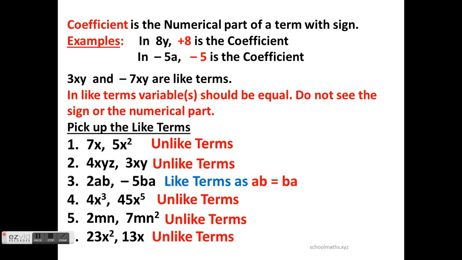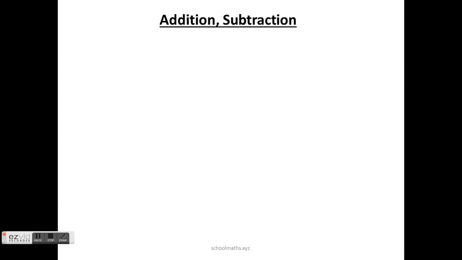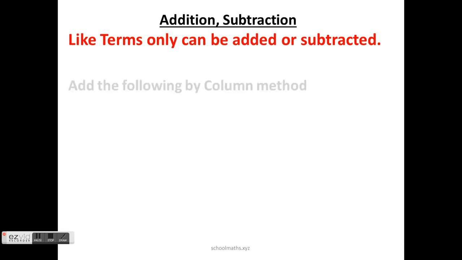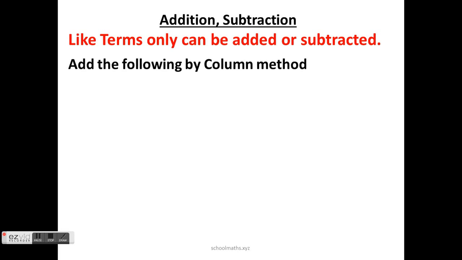Unlike terms. Clearly you can see in one x square is there. Now we are going to add the algebraic expressions or polynomials. Only like terms can be added or subtracted. Unlike terms cannot be added.